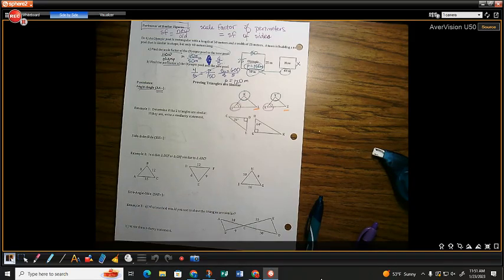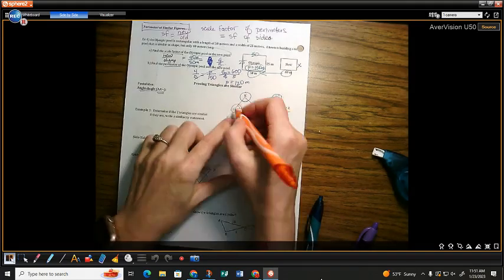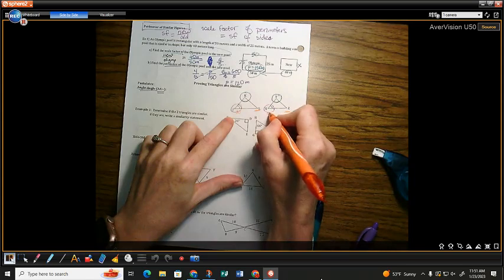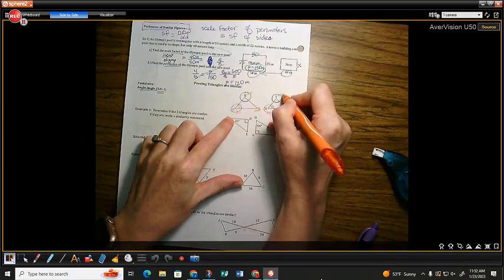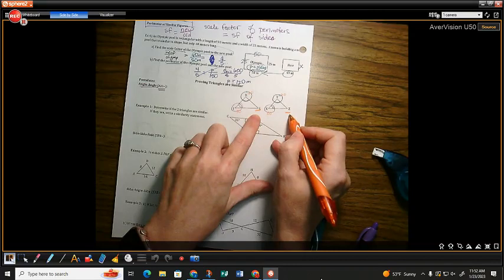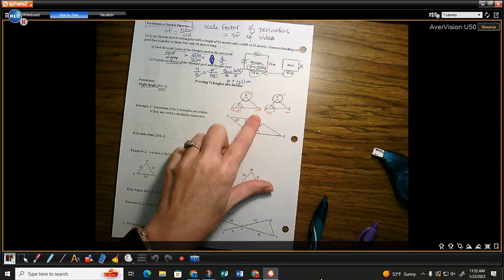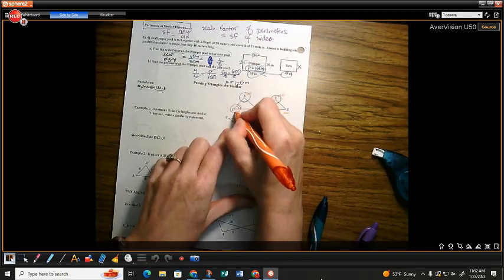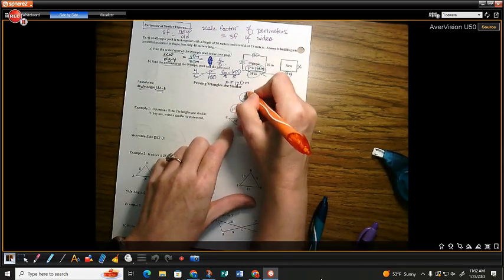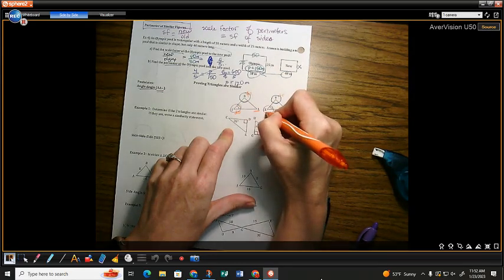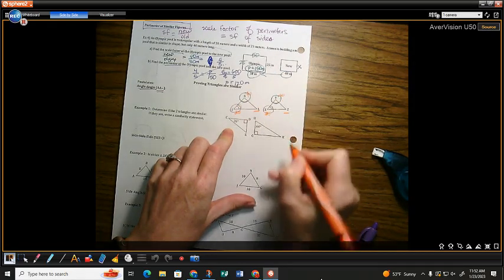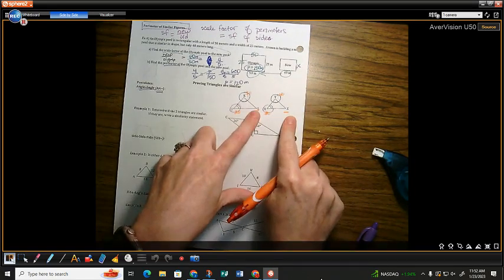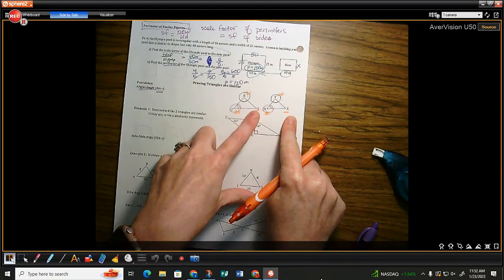Well, just in general, if I knew that this was 30, and this was 30, and this was 60, and this was 60, could I prove that the other two were both equal to 90? Yeah. How? Because triangles sum to 180. What if I have this one being 20, and this one being 40, and this one being 20, and this one being 40? Could I figure out what the third one was? Yes. Because they add up to 180.